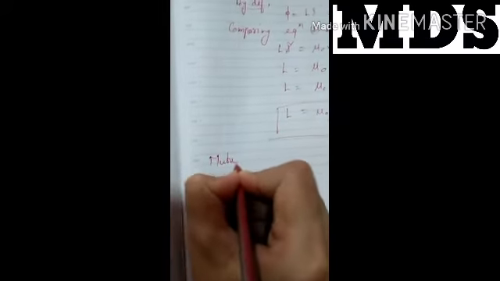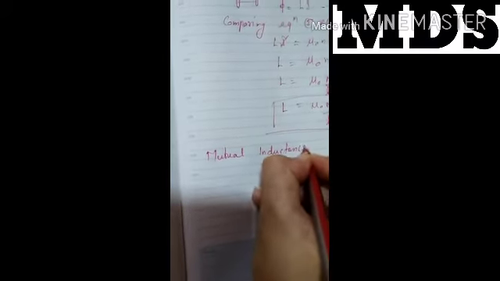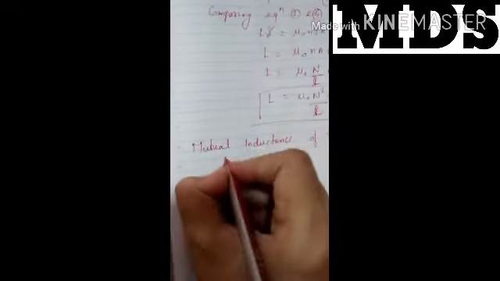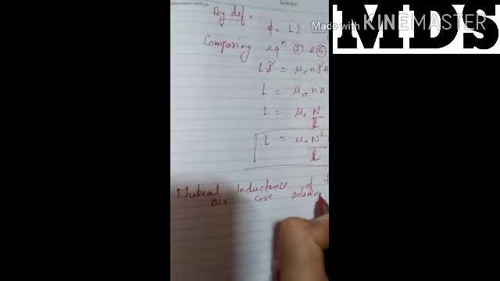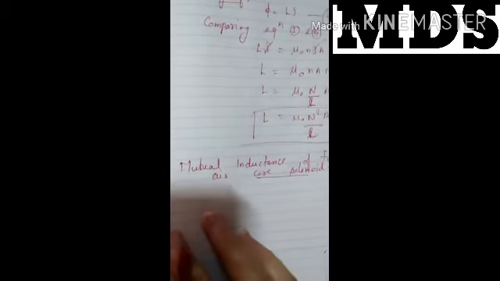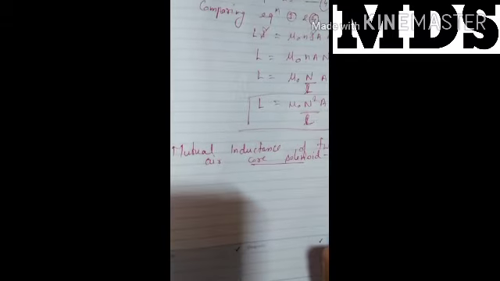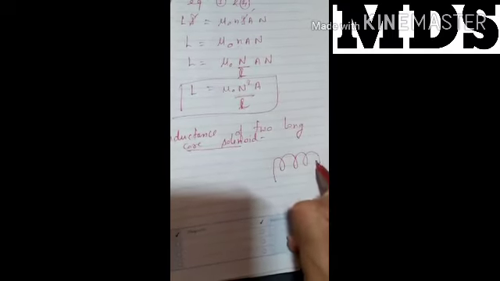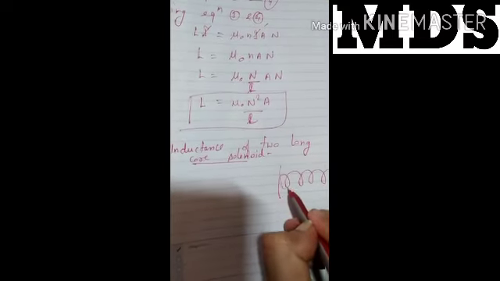We will find the mutual inductance of two long air core solenoids. How can we find it? Let us take one solenoid like this, and the other solenoid like this.